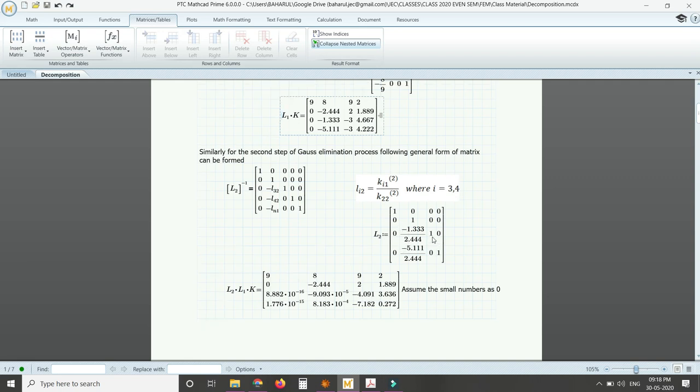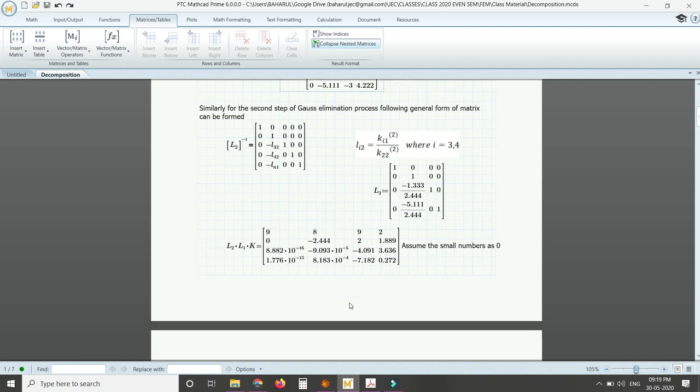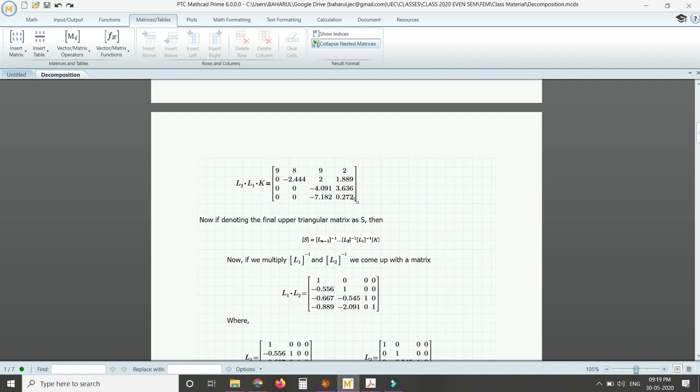If I multiply this new L2 with the previous matrix, that is L2 L1 K, I will come up with this particular matrix. As we have taken only 1.333, the round off error will always be there, but as these values are very small, we can take them as 0. So finally we will get this matrix.